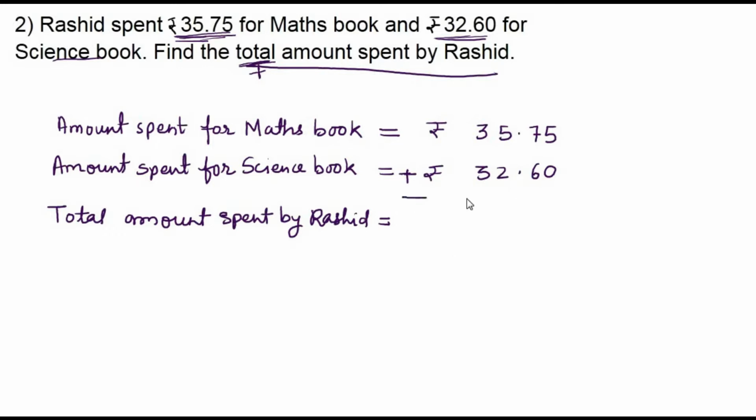Let's draw one line over here. Now add the numbers: 5 plus 0, 5, 7 plus 6, 13, 1 carry. Write the decimal point just below the decimal point. 1 plus 5, 6, 6 plus 2, 8, 3 plus 3, 6 rupees. So finally our answer is rupees 68.35.